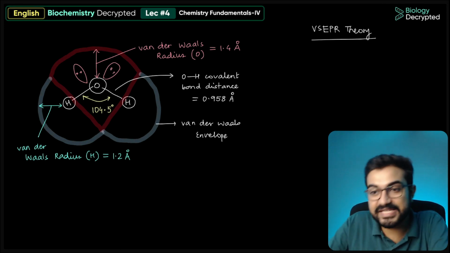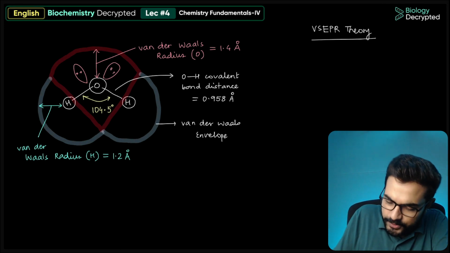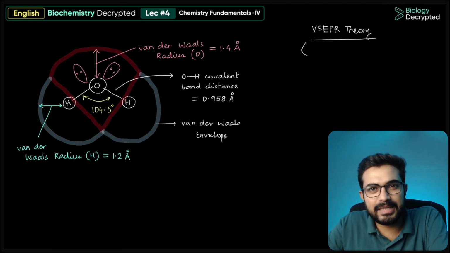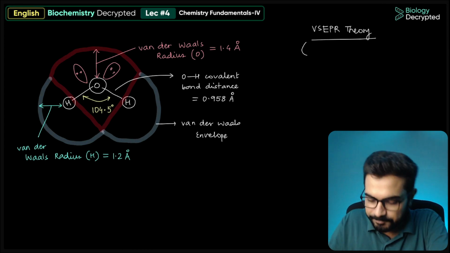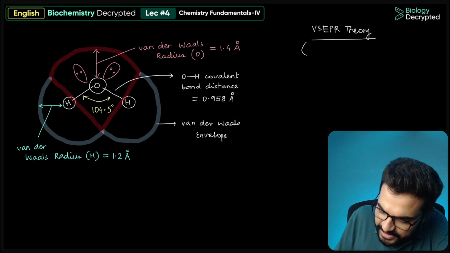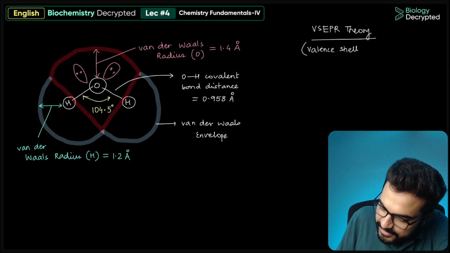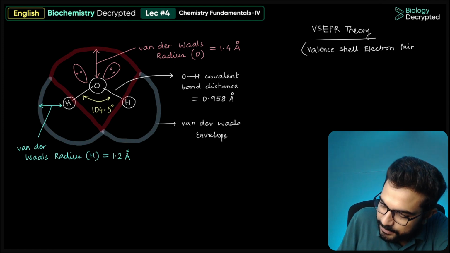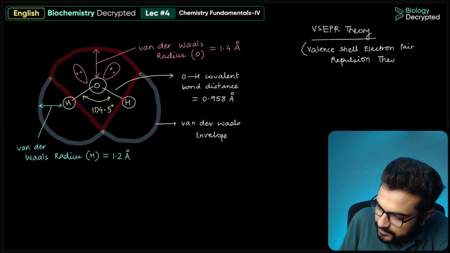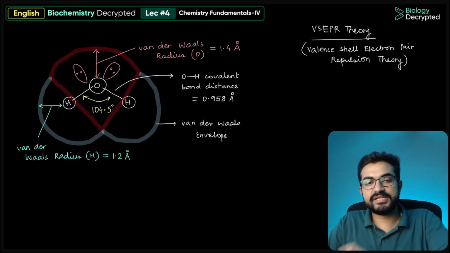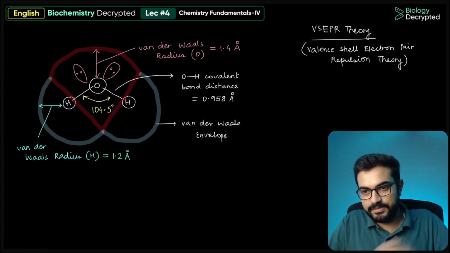Now, what is VSEPR theory? I hope you must have read about it in chemical bonding in your class 11th. So, VSEPR theory is valence shell electron pair repulsion theory. So this is the basic theory called VSEPR theory.